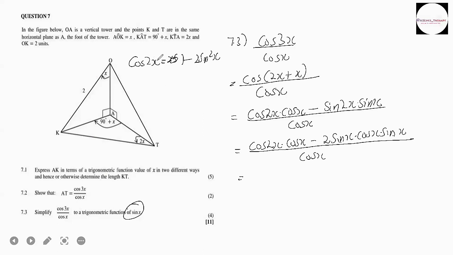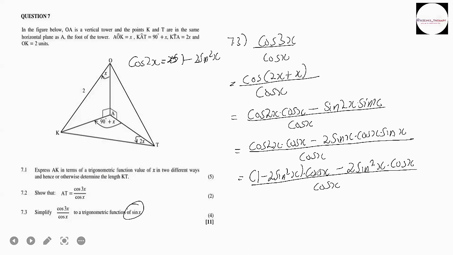So it is best that we break this one in terms of the sine. So this is 1 minus 2 sine squared x and then times cos x. So which will give us this side 2 sine squared x and then cos x, right? Over what? Over cos x.